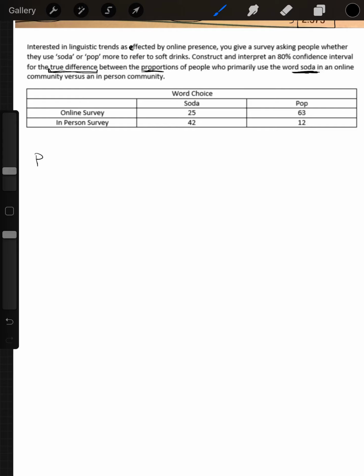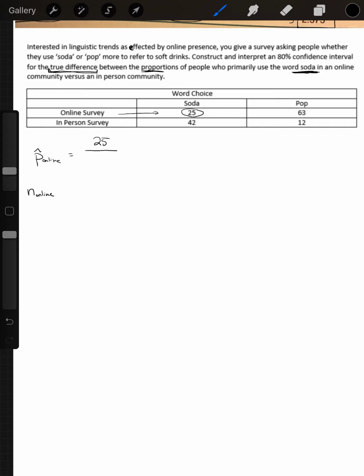So the P hat for online is going to be the number who use the word soda divided by the total, right? So maybe we ought to figure out the total. Right, so looking at this chart here, I sort of already started. The online survey, 25 who responded to the online survey use the word soda more than they use the word pop.